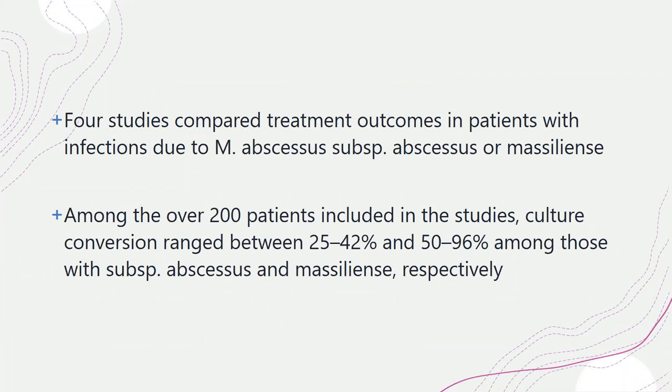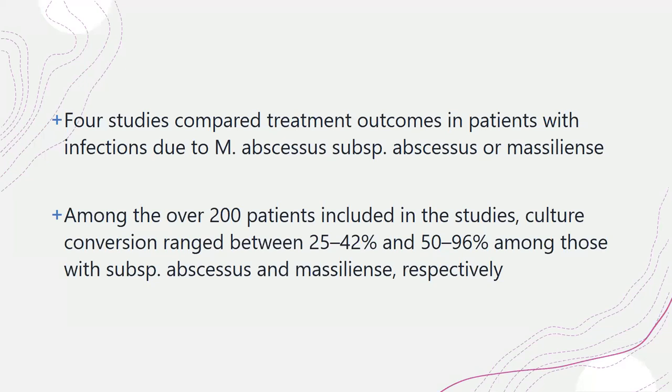Just to clarify, Mycobacterium abscessus has a subspecies that's also called abscessus and a subspecies called massiliense. In those 4 studies, over 200 patients, culture conversion rates ranged anywhere between 25 to 42% and 50 to 96% when you compare the 2 subspecies against each other.